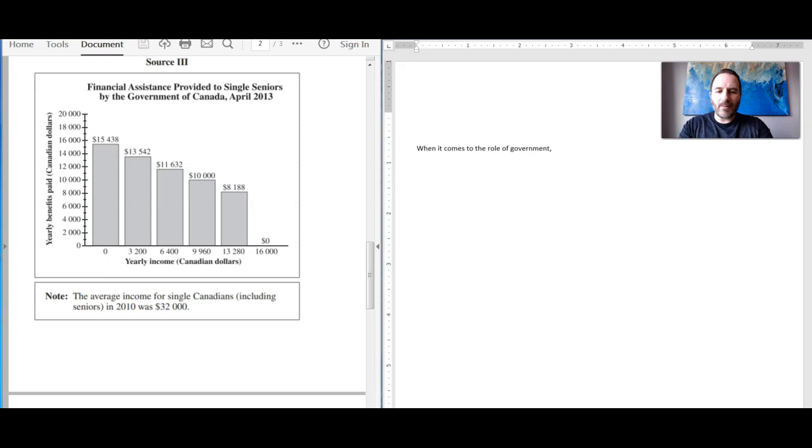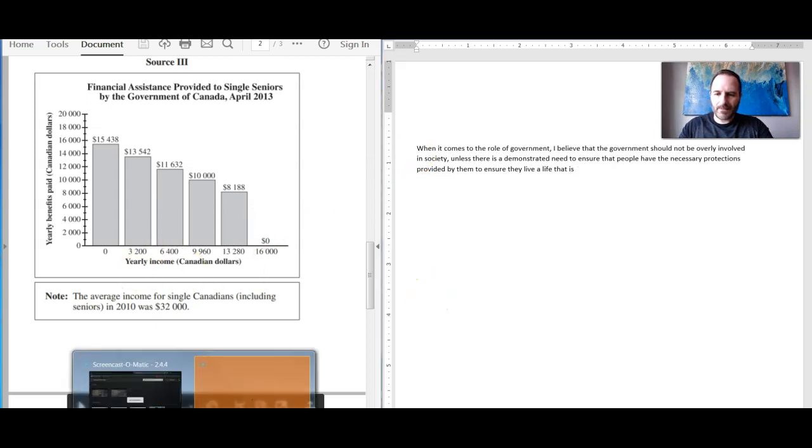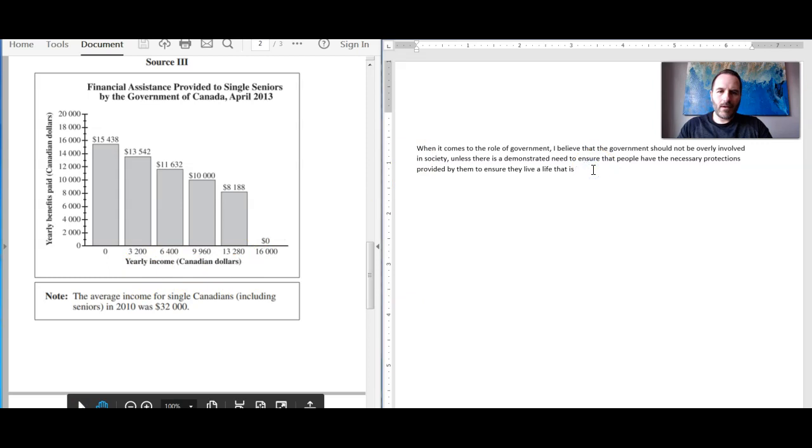So when it comes to the role of government, I believe that the government should not be overly involved in society unless there is a demonstrated need to ensure that people have the necessary protections provided by them to ensure they live a life that is, what's a term we could use here? A life that is secure.